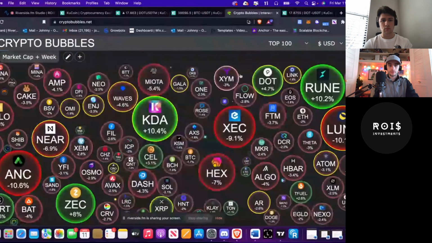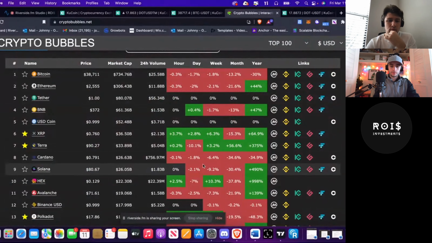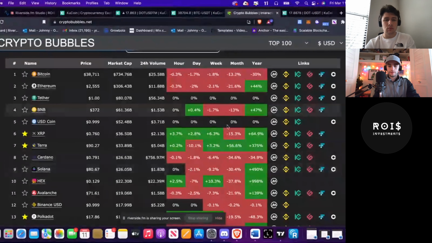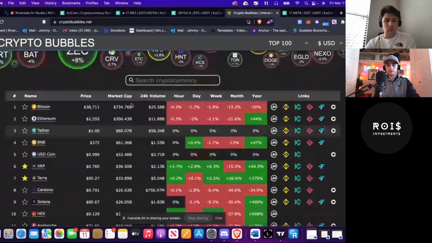So that's really nice. Solana, as you can see, 490% past year, which is nuts. It's at 0% right now. So I think we're about to see maybe a nice little positive increase if that was negative before. I'm not sure, to be honest. But this is a great resource to use, cryptobubbles.net.